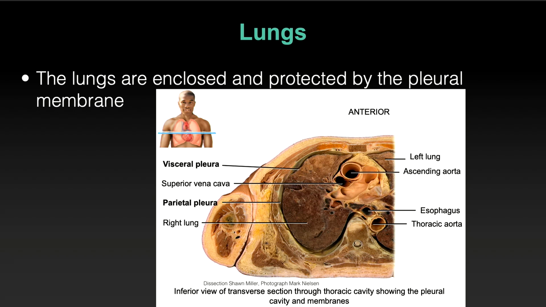The visceral pleura, the complementary layer of that double-walled membrane, lines the lungs proper. So parietal pleura stuck to the inside of the ribs, and the visceral pleura is the fold over of that double-walled membrane that lines the actual tissue of the lung.